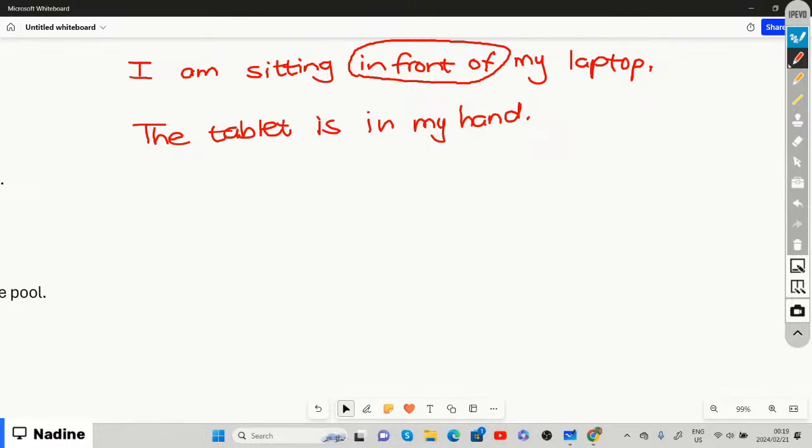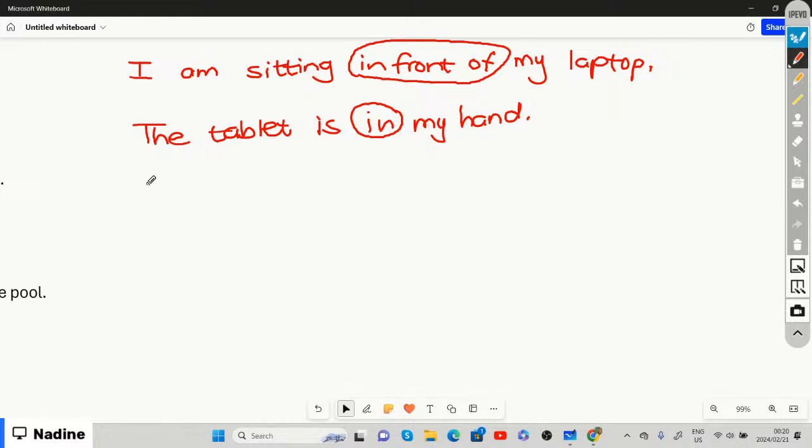So now if we look at the sentence, you're going to identify one of these words that tells us where the tablet is. And if we were to identify where the tablet is, then we say it is in my hand, right?